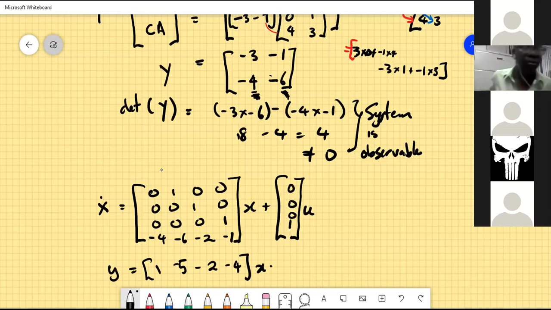Alright, so we want to determine if that matrix is observable.